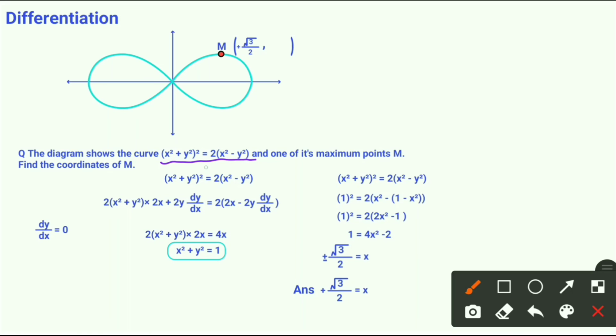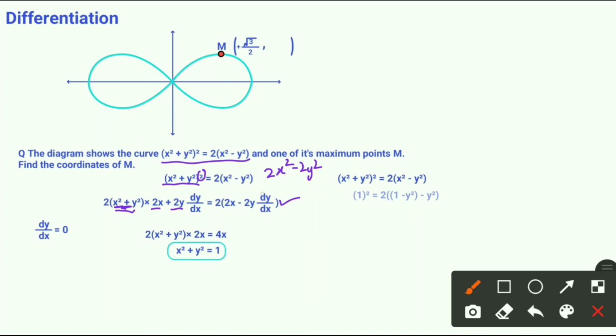This is the equation, and first you try to expand this, or if you don't want to expand it, it's fine, but either way, differentiate this directly, so 2 will be multiplied and then x square plus y square, and then you try to differentiate the inside as well, so it's 2x plus 2y dy upon dx, then 2x, okay, so this one is 2x square minus 2y square, then it's going to be 4x minus 4y dy upon dx.